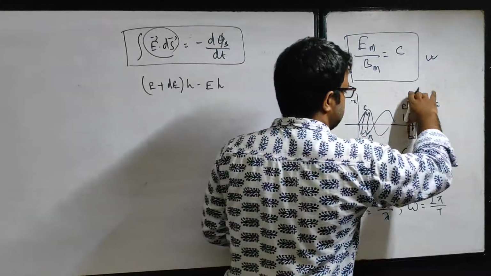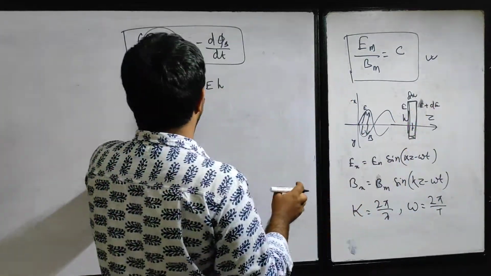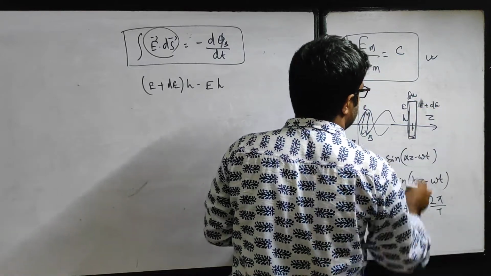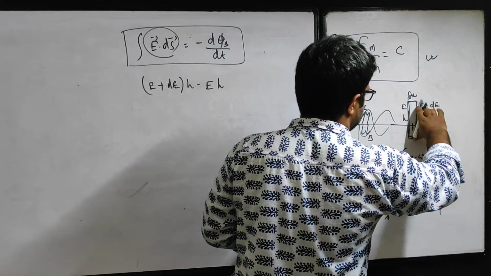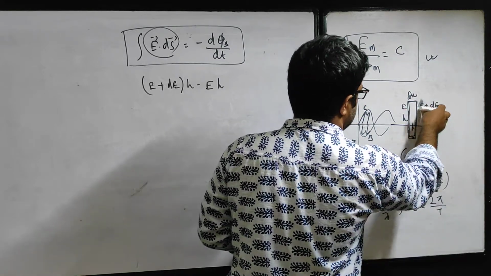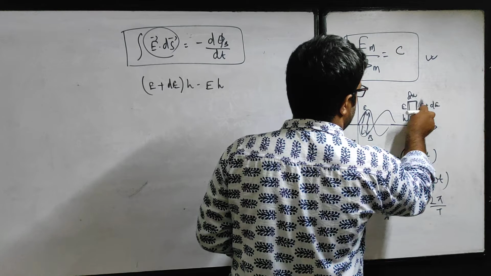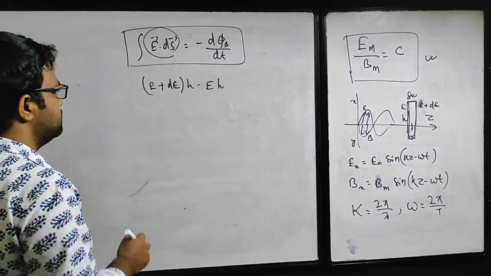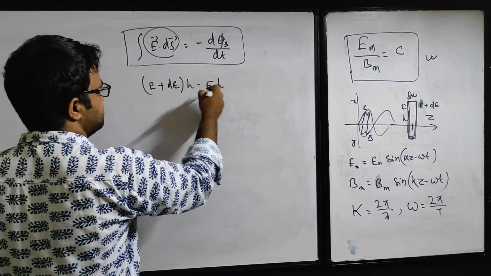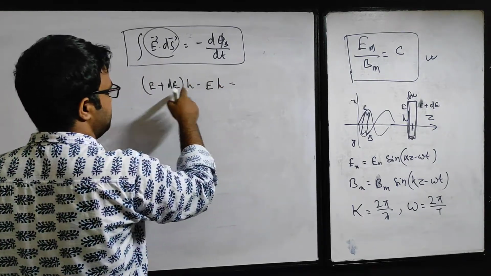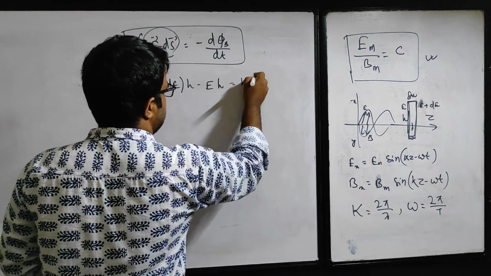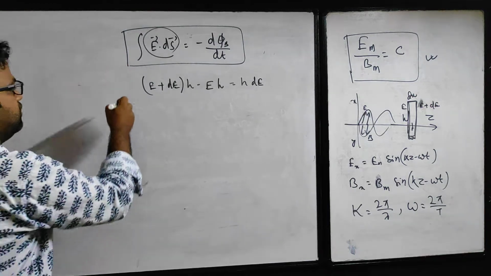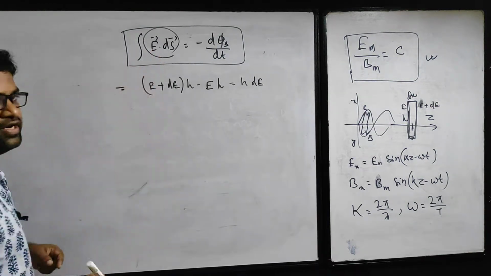On one side we have E plus delta E into H, and on the other we subtract E into H, so if you subtract you will get exactly H dE. This is the integration on your left side.